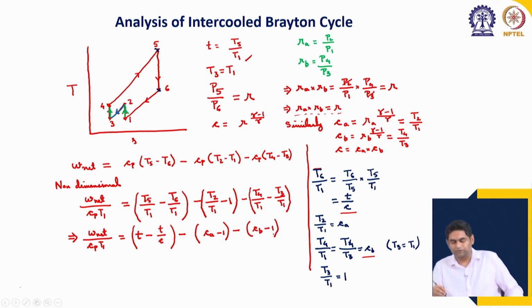So, this is the expression for net specific work output in non-dimensional form, where this Ca and Cb can be different, but the product of Ca and Cb is equal to C, and T is the temperature ratio.